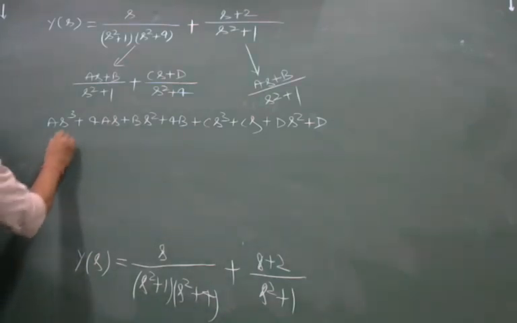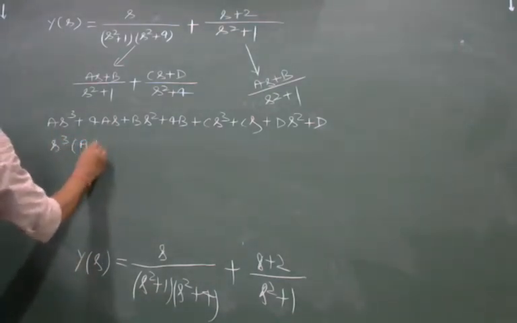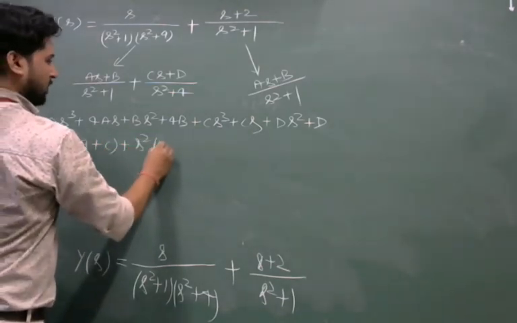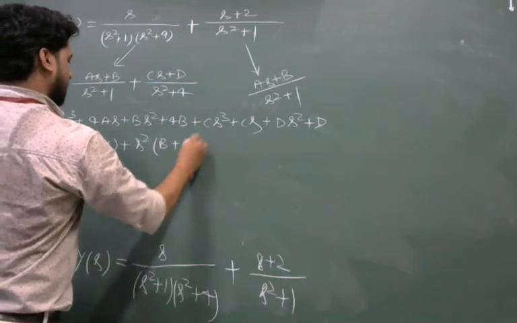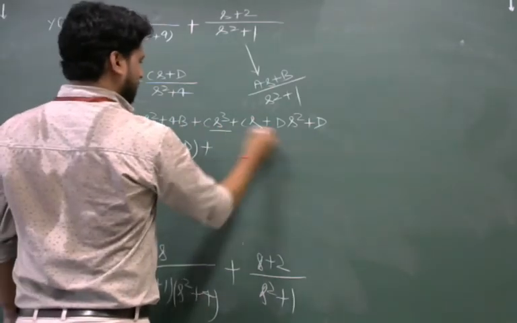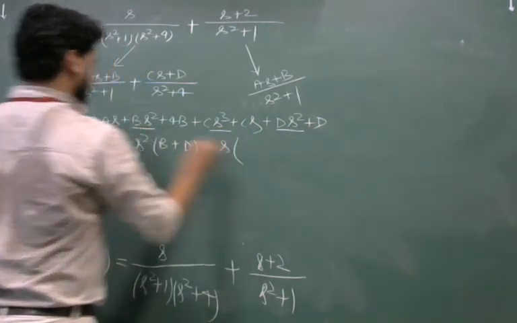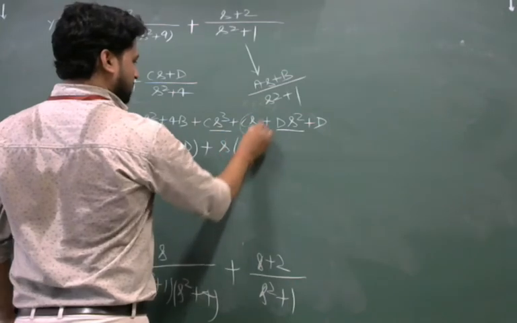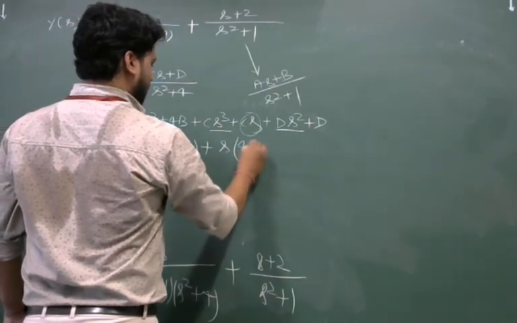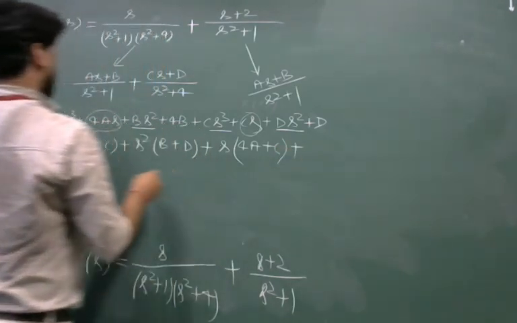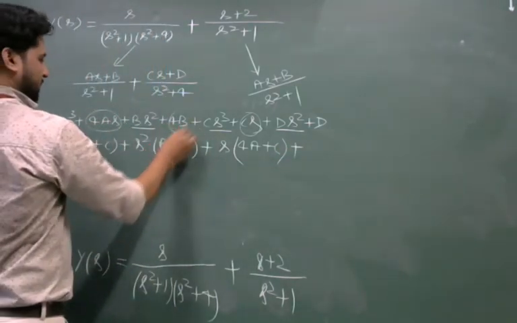Take s cube common, this will become a plus c, plus take s square common, this will become b plus d, plus s, this will become 4a plus c, plus the constant term is 4b plus d.